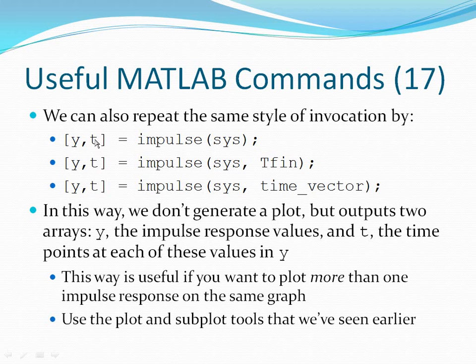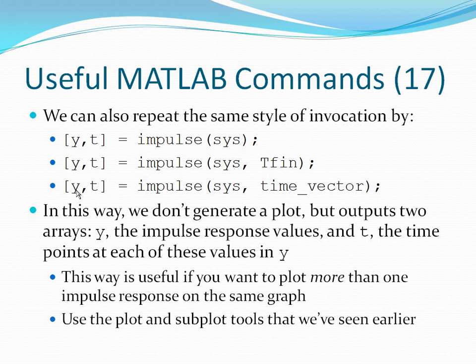In this way, it doesn't generate a plot. Instead it outputs two different arrays: the impulse response values and the time points at each of the values. This way, if you want to graph more than one impulse response on a single window, you can use these tools, such as plot or subplot, to do that.